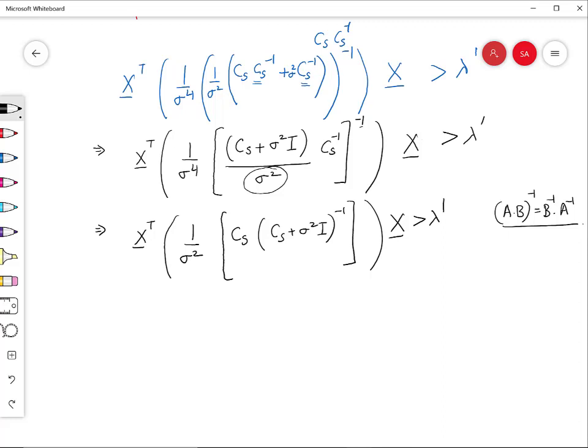1 over sigma square is a constant, I can take it outside and it could be merged with lambda dash.